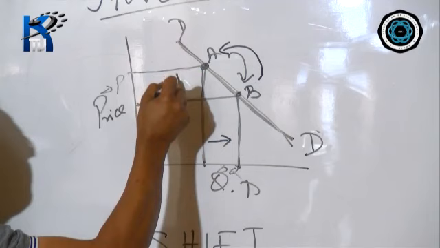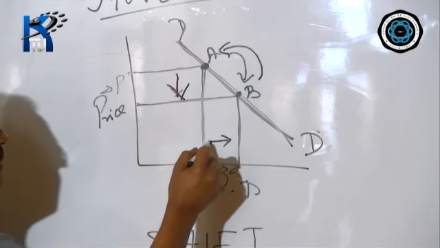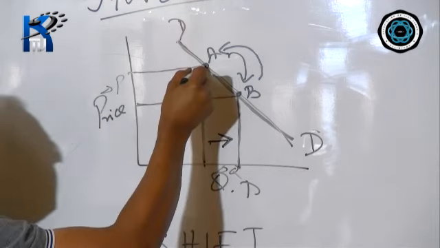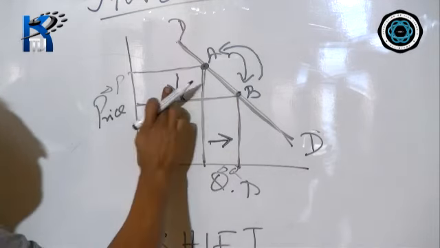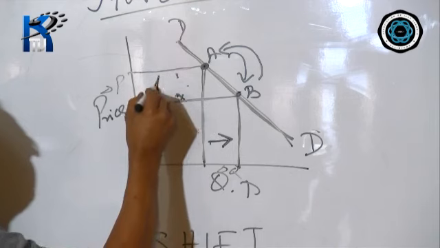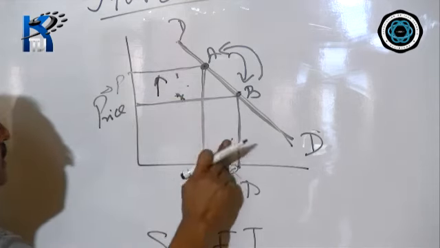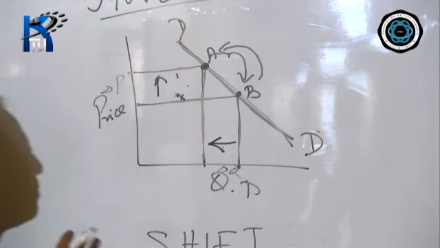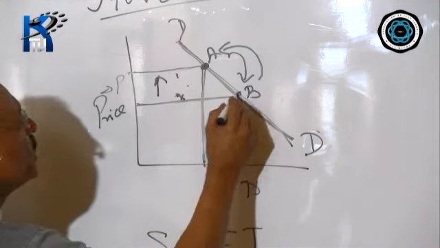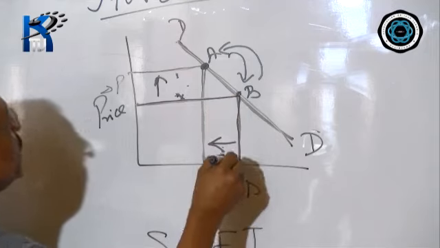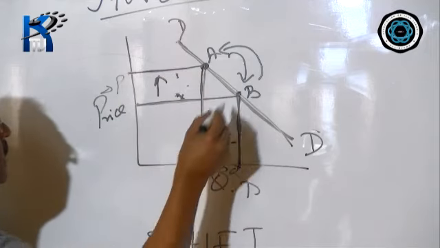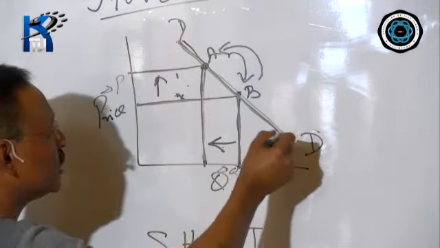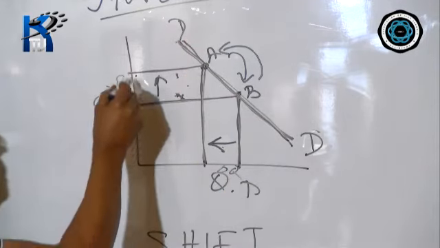Whenever you move, when the price falls, there is increase in the quantity demanded, you move from A to B. When the price increases, then there will be decrease in the quantity demanded, because the law of demand follows that. And you were here at the beginning, at B, you move to A. This is movement along the same demand curve, and notice there is a change in the price.